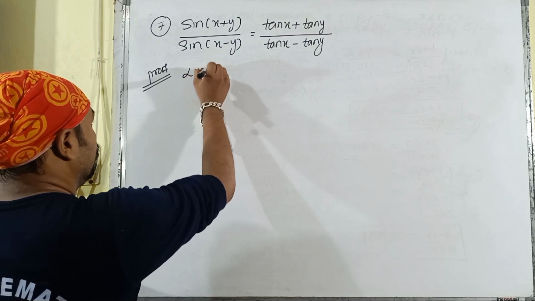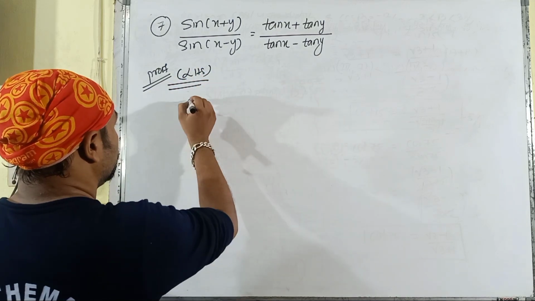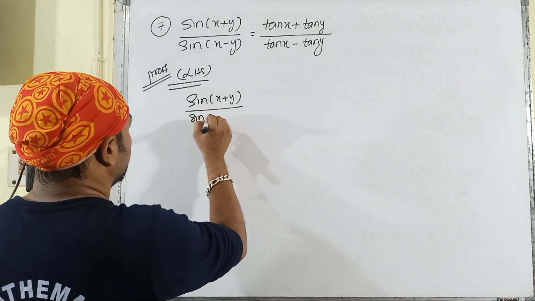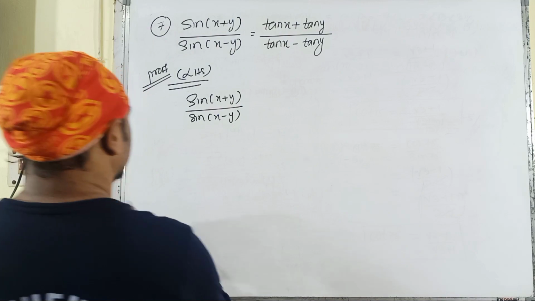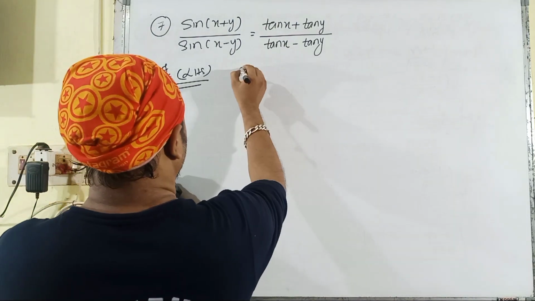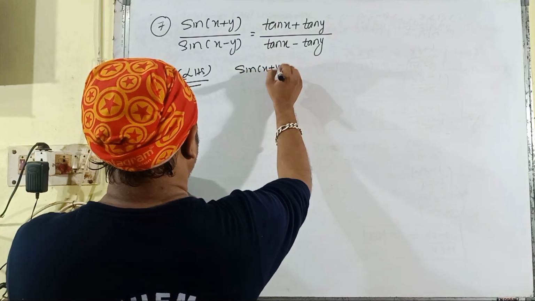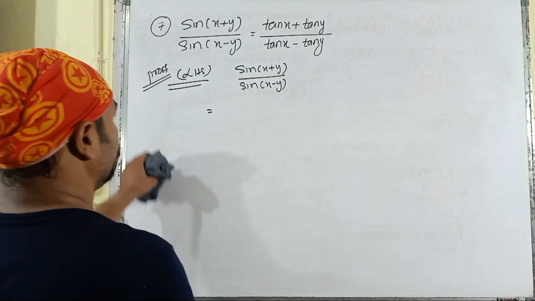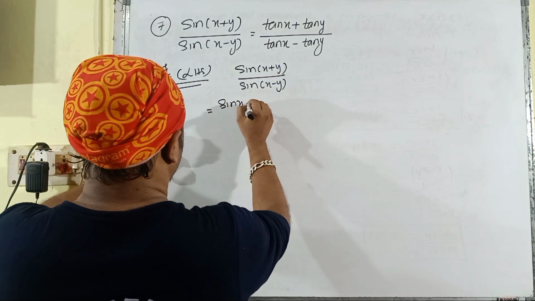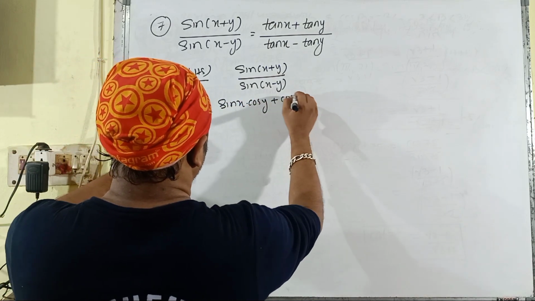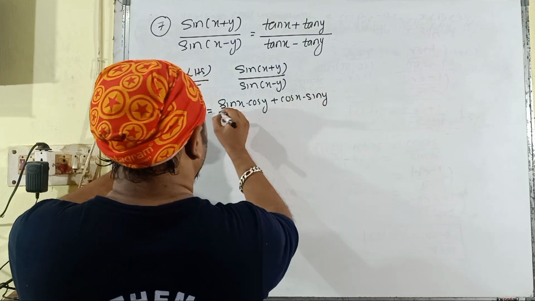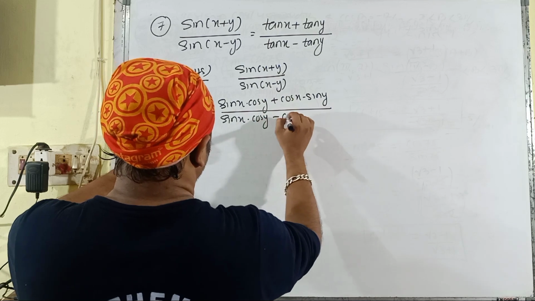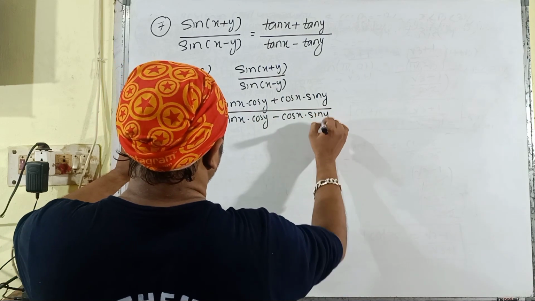Again, let us go through the left hand side: sin(x plus y) divided by sin(x minus y). Now let us put the values of sin(x plus y), and that is sin x cos y plus cos x sin y, divided by sin x cos y minus cos x sin y.